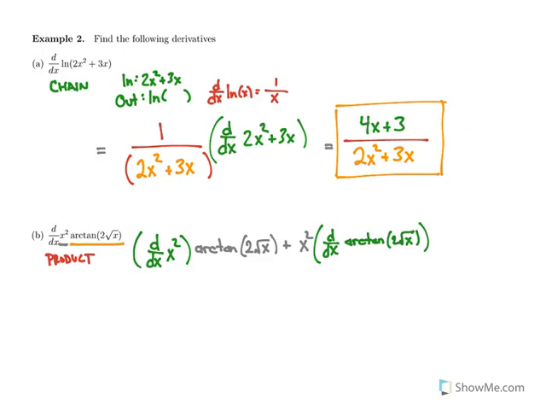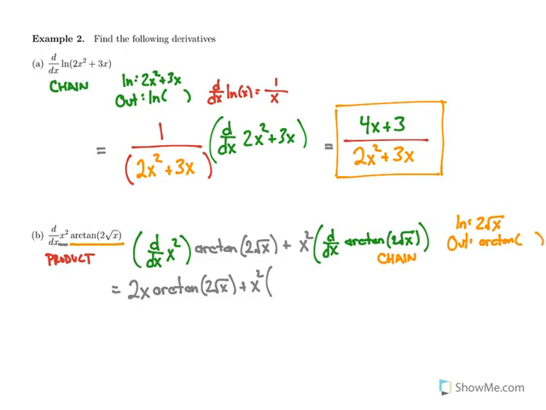And note that the derivative of x squared is 2x. So we can write this as 2x arctangent of 2 square root of x plus x squared. And then we just need to take care of this derivative. This is a new derivative where we're going to have to use the chain rule. The chain rule says that we're going to find the inside function, which is 2 square root of x. The outside function is arctangent of something.